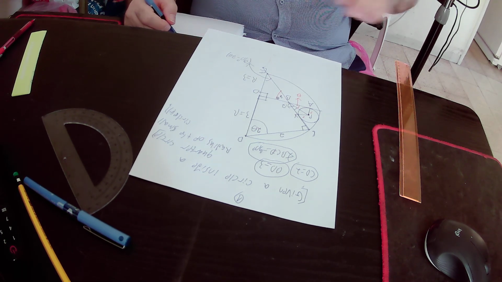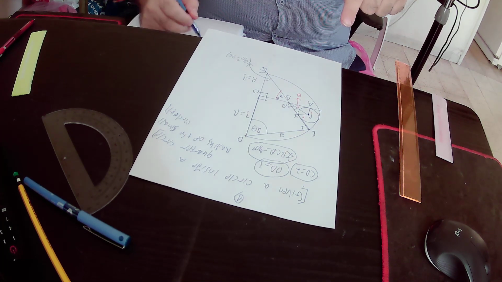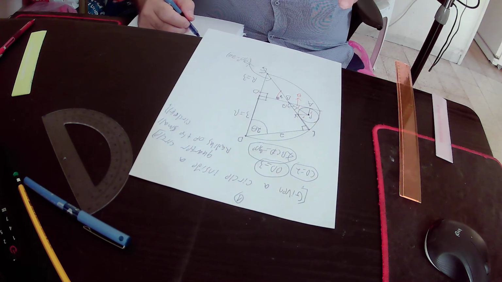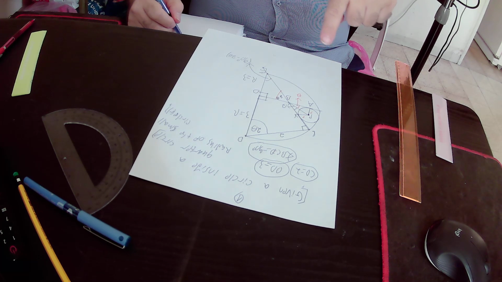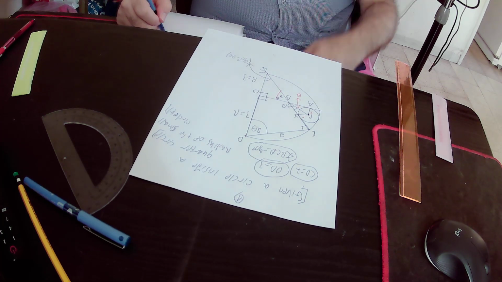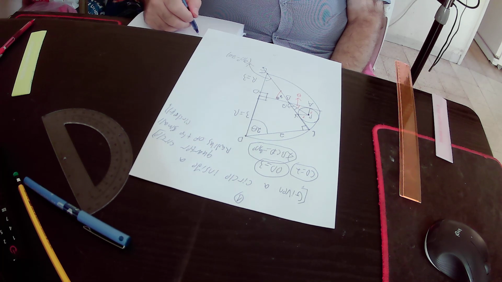According to the Pythagorean theorem, which states that the square of the hypotenuse equals the sum of the squares of the perpendiculars, in the right triangle EDC, CD square plus CE square will be equal to DE square.